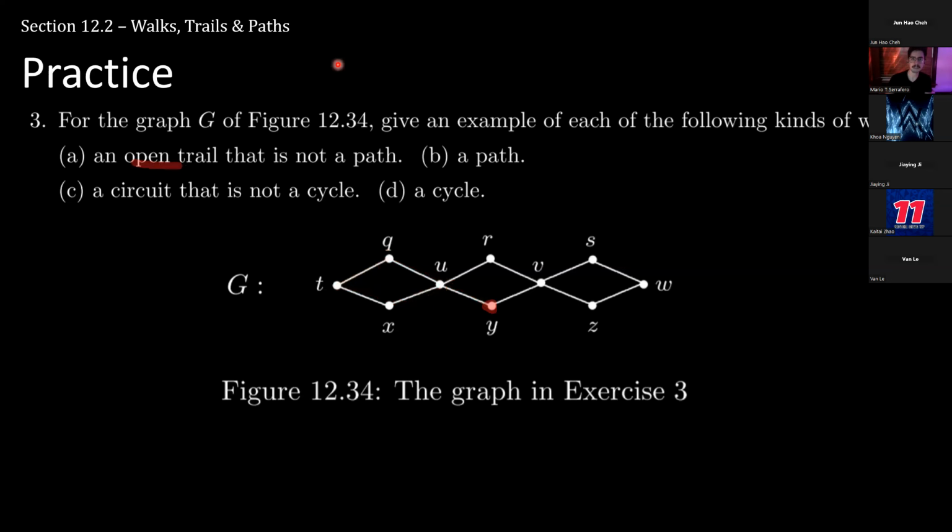So what about a path? Just a path. There are many. This one's pretty easy. T, Q. There you go. What about a circuit that is not a cycle?